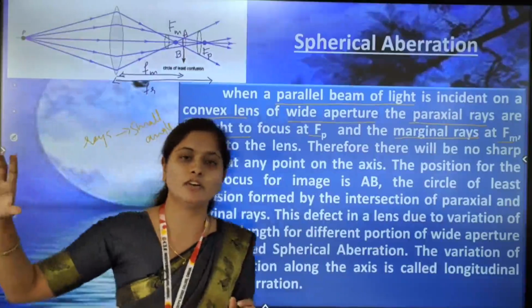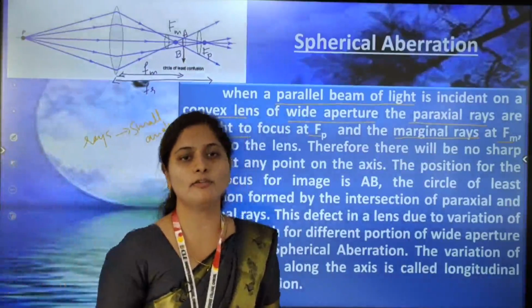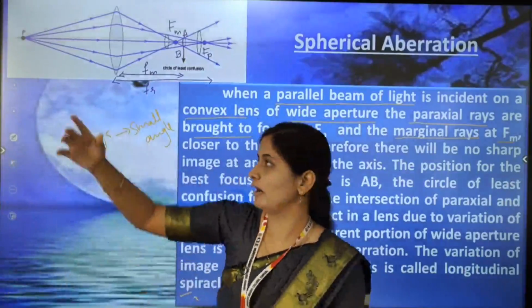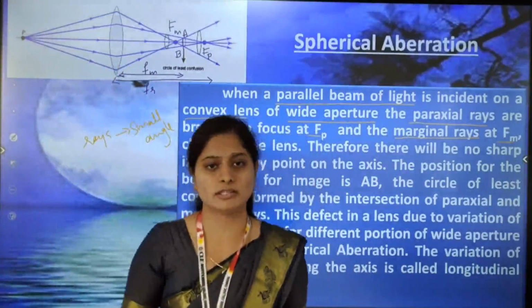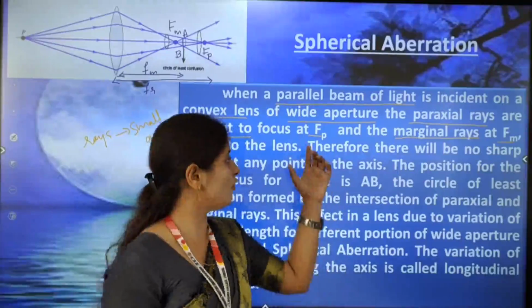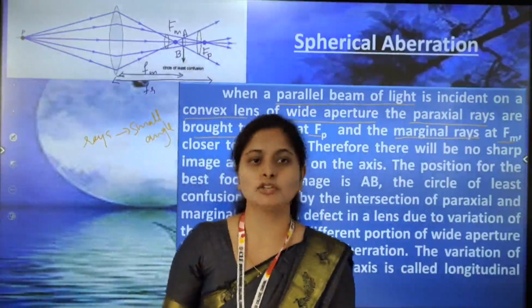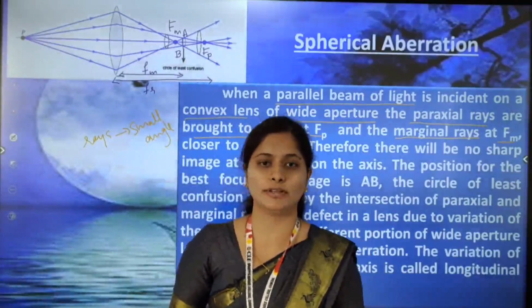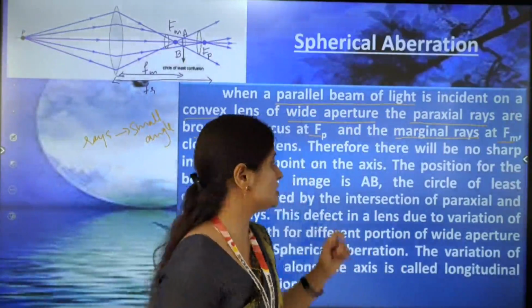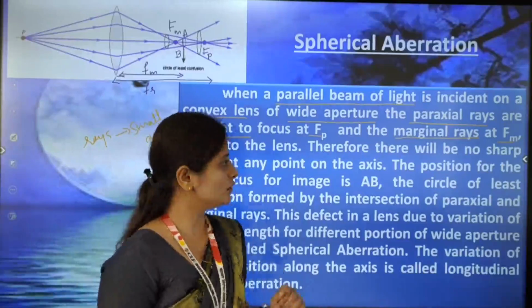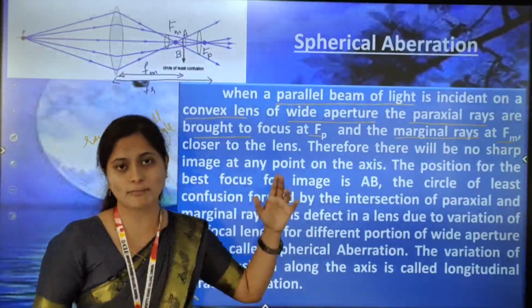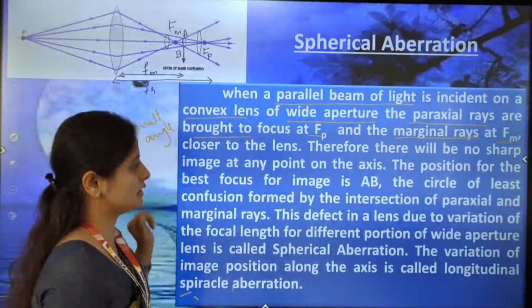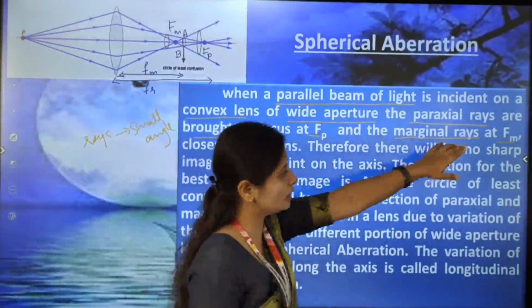We are incidenting light in the form of a parallel beam on a convex lens having a wide aperture, so we are getting two types of rays, paraxial rays as well as marginal rays. Already I told you what paraxial and marginal rays are. Completed up to this.